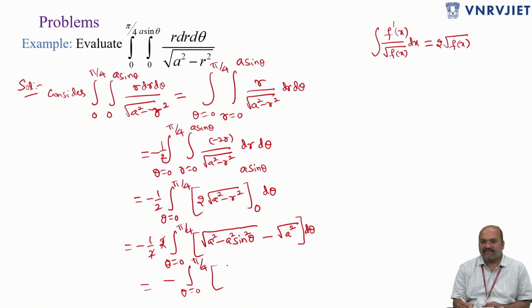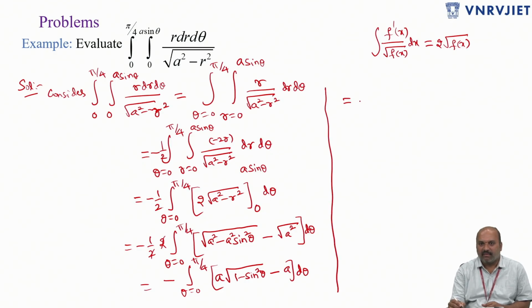Okay. Let's simplify this. Under root you have a square minus a square sine square theta. Let's take a square common and bring it outside of the square root, which comes as a. So then it is root over 1 minus sine square theta minus root over a square, which is of course a, into d theta. Now this is equals to minus a, taking a common outside, integral theta varies from 0 to pi by 4, root over 1 minus sine square theta.